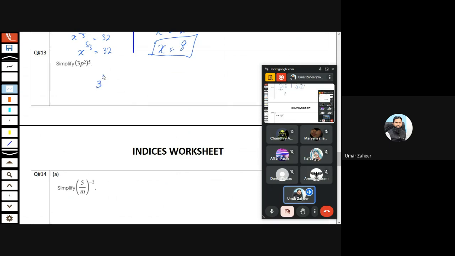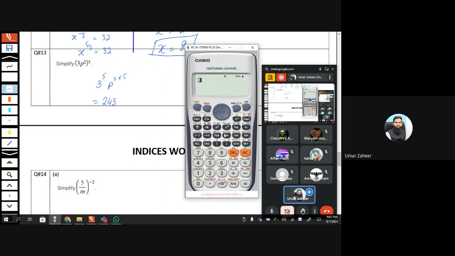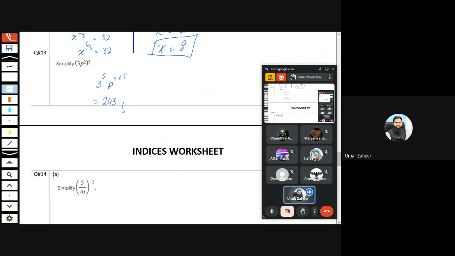So 3 raised to power 5, p square multiplied by 5. 3 raised to power 5: 3 times 3 is 9, 9 times 3 is 27, 27 multiplied by 3 is 81, 81 multiplied by 3 is 243. And p raised to power 2 times 5 is 10.